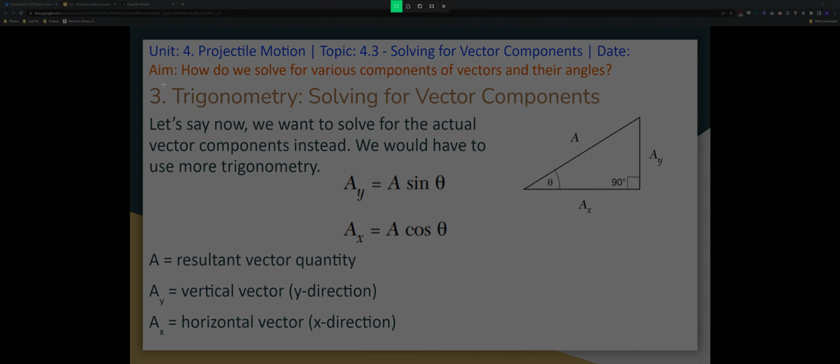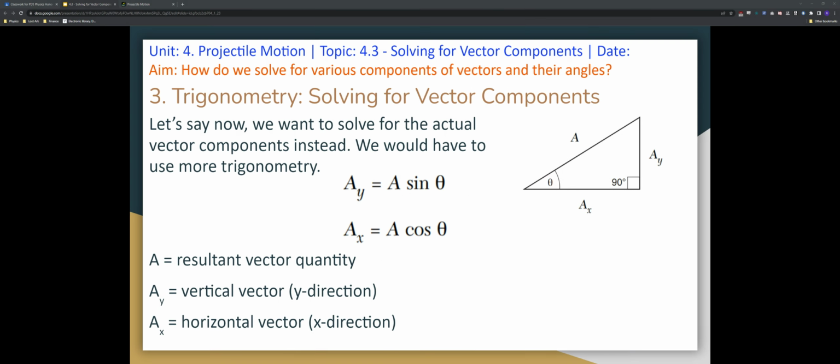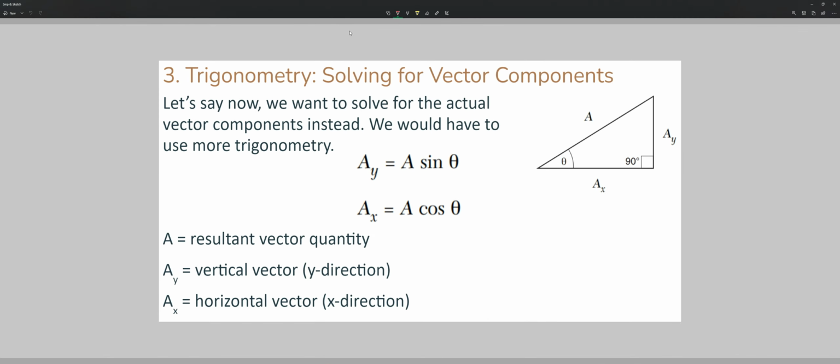But let's say it's not so easy anymore. Instead of being given two sides and asked to find the third side, what would happen if we were given an angle and one of these sides? What if I was only given my launch velocity and my angle? Only two of them. Well, we have to use trigonometry here.